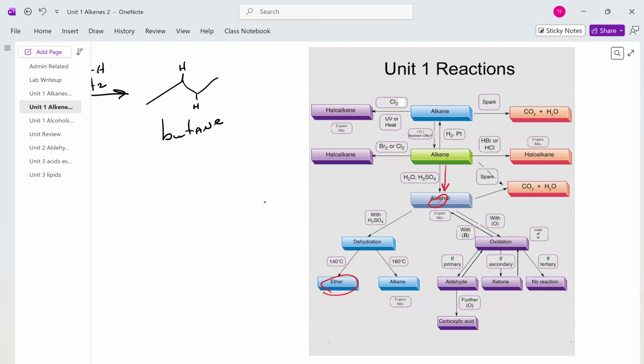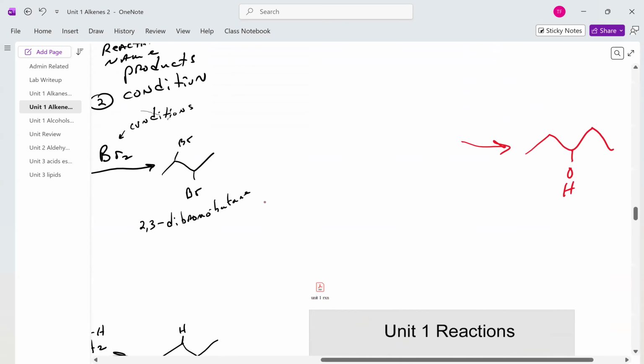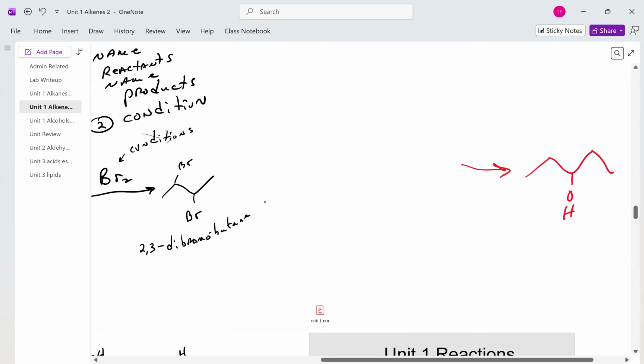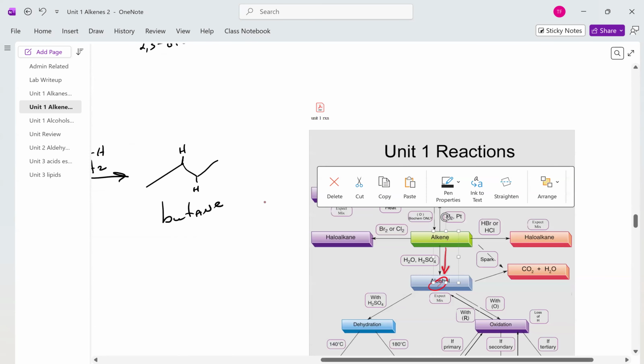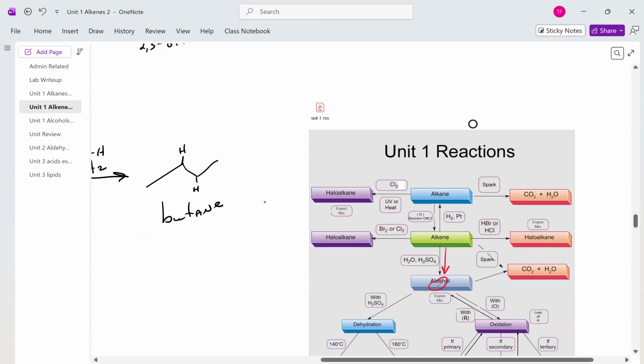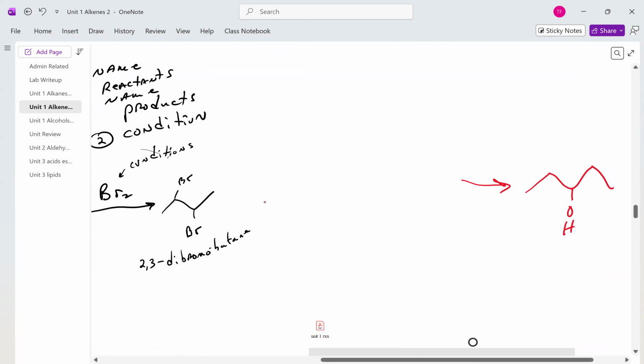Okay, so how do you make a 6-carbon alcohol? Well, you make it with a 6-carbon alkene. Okay, so 1, 2, 3, oops, 2, 3.